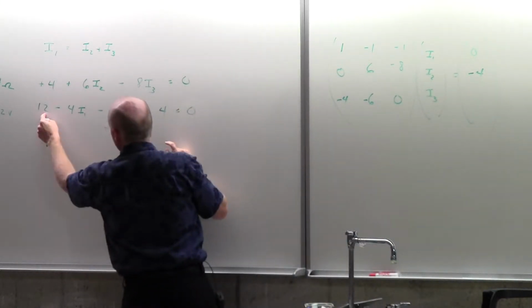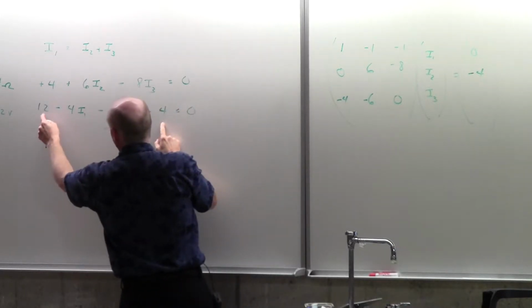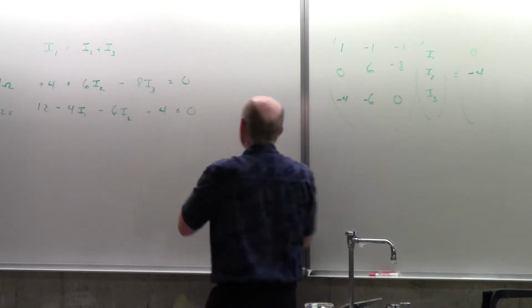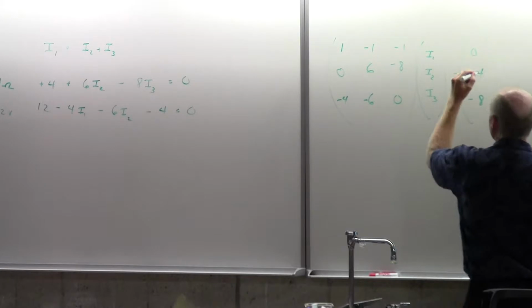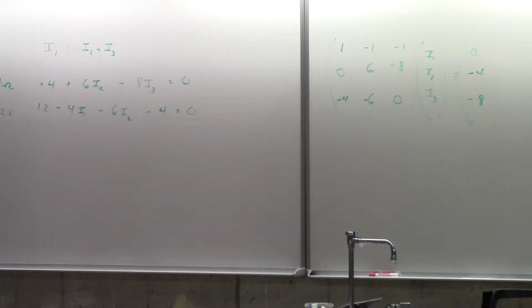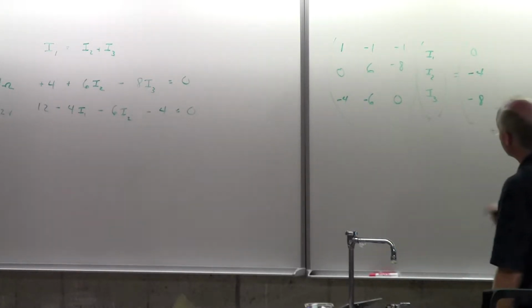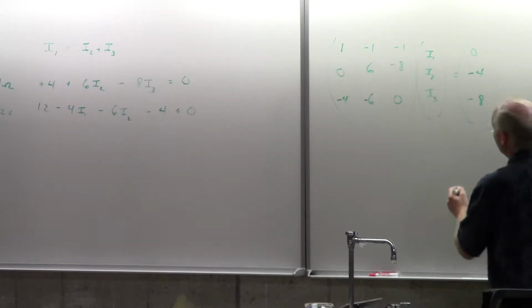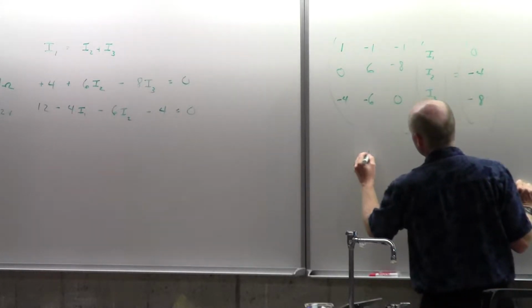And when I put the negative 4 and the 12 together, that's an 8, bring it to the other side, that equals a negative 8, right? And so now I can enter this matrix.